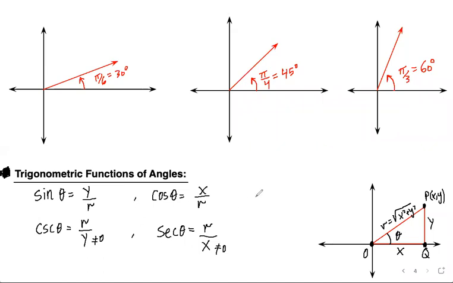Okay, the last one is the tangent of theta. The tangent of theta is equal to y over x, the opposite over the adjacent. And the reciprocal of the tangent, 1 over tangent, is called the cotangent of theta, and this is equal to x over y, and again, y is not equal to 0.